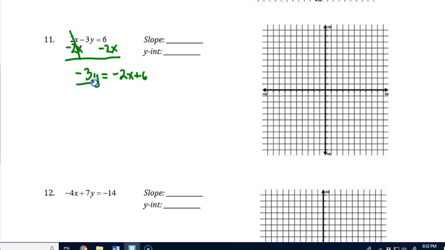I'm going to divide all the terms by -3. That divides to 1. That makes a positive 2/3. That makes a -2. Slope is 2/3. Y-intercept is 0, -2.